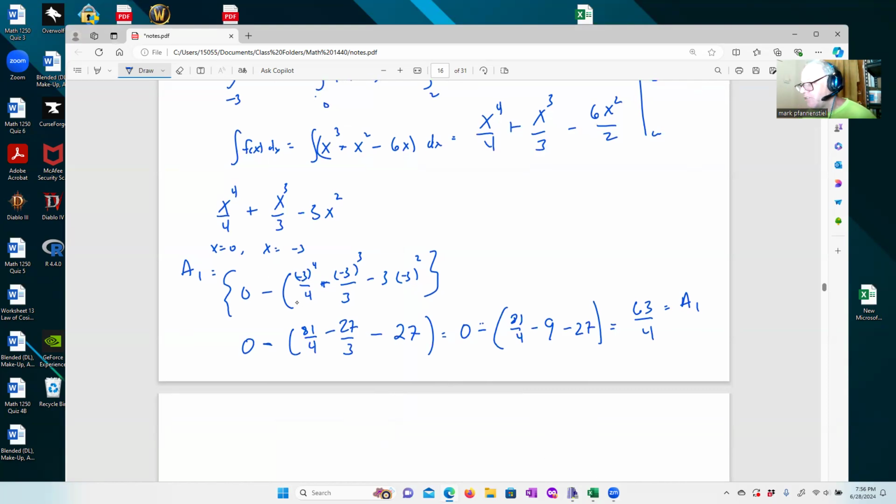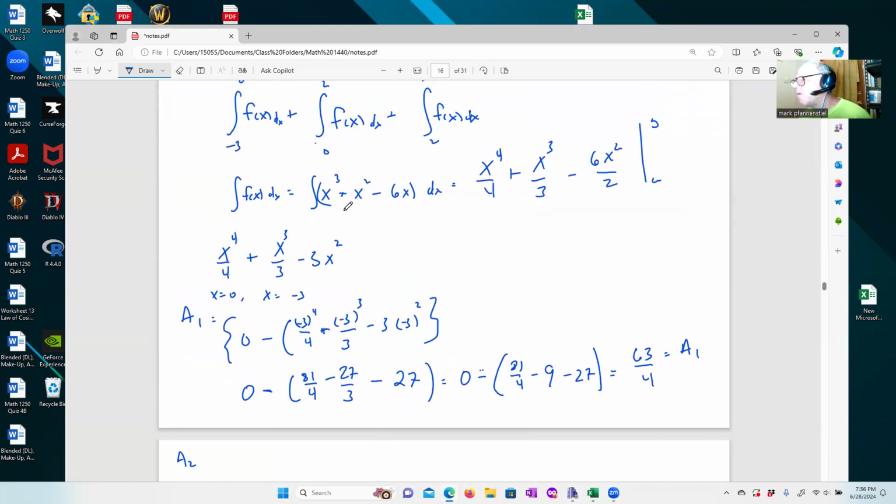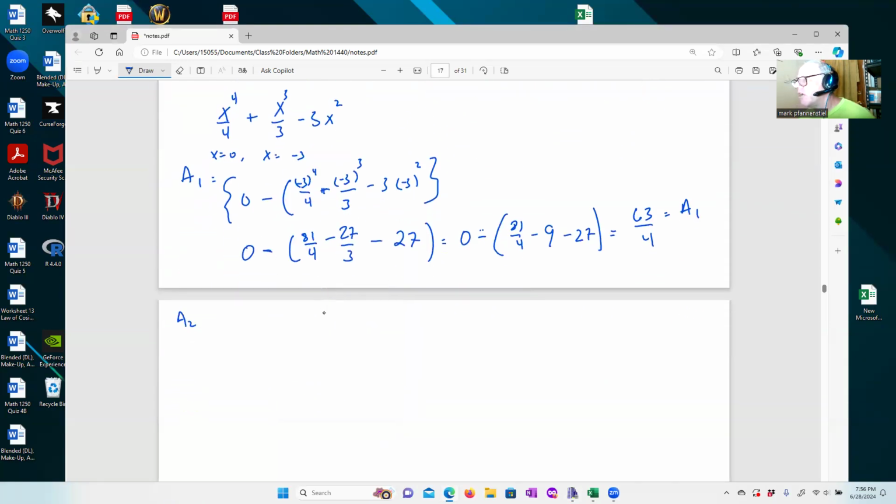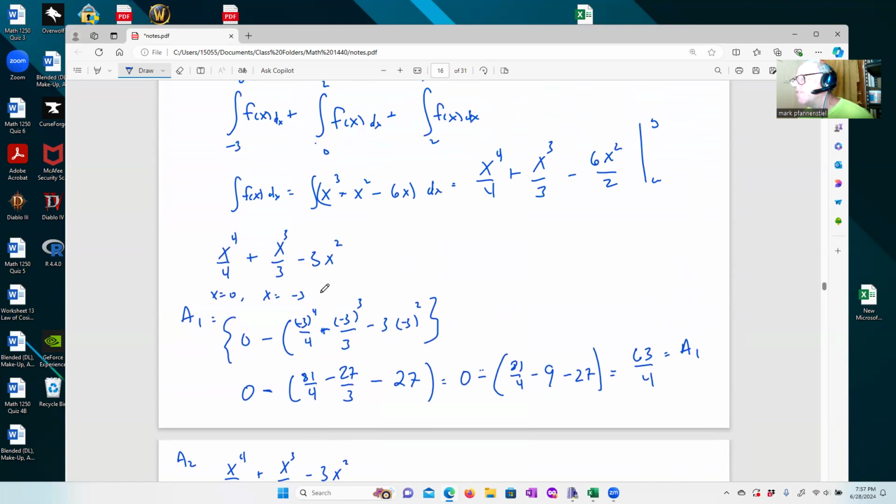What about area 2? Okay, they start getting more tedious as we go forward here. So area 2 is going from 0 to 2. We're going to have the same definite integral here. So we have x to the 4th over 4 plus x cubed over 3 minus 3x squared, right? And we're going from what to what?